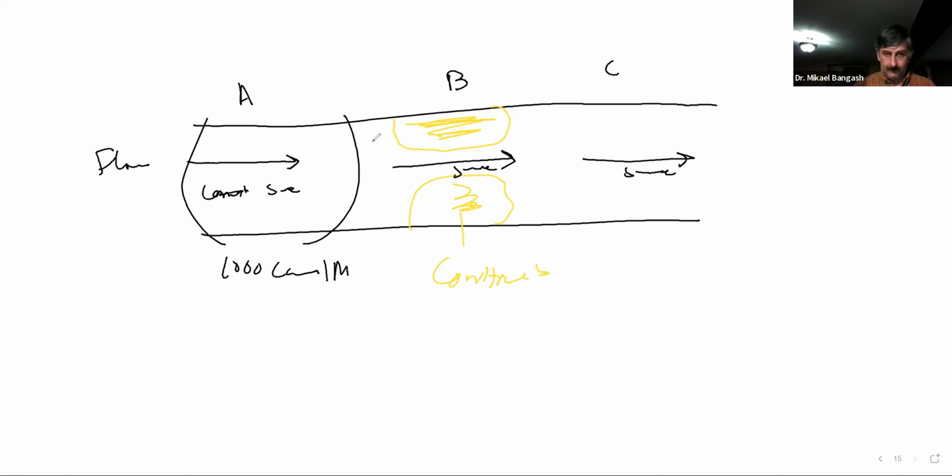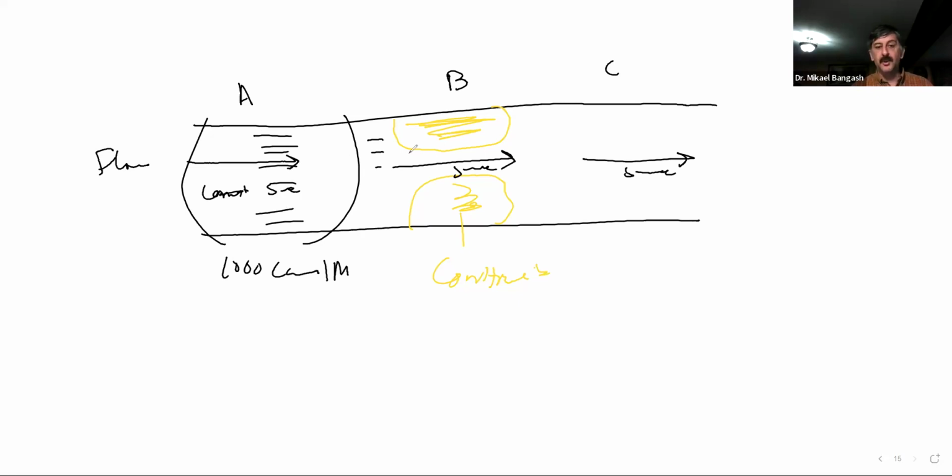Now, let's say we had 10 lanes, for instance. So 10 cars will flow in each lane per minute.